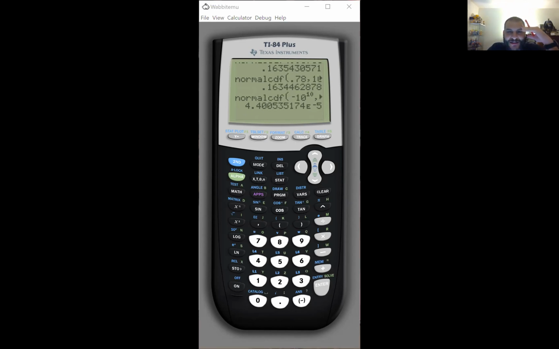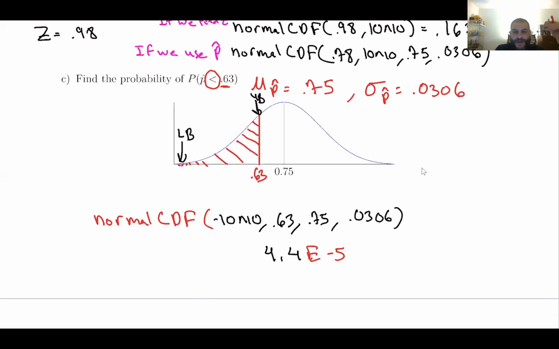So on the test, you should never put that your final answer is 4.4. As soon as you put 4.4 for a probability, you should already know that's not the correct answer, because your probability can never be higher than 1. So if you see a number bigger than 1, you have to look at the end of it. It says e to the -5, which is telling you it's in scientific notation.